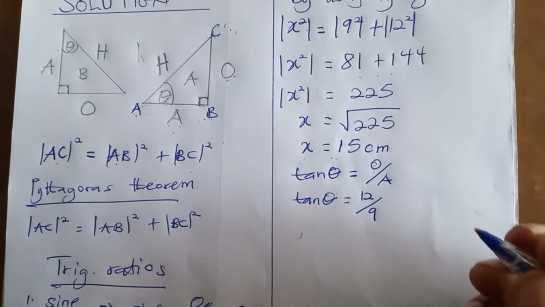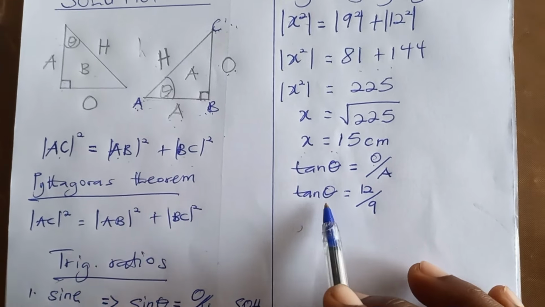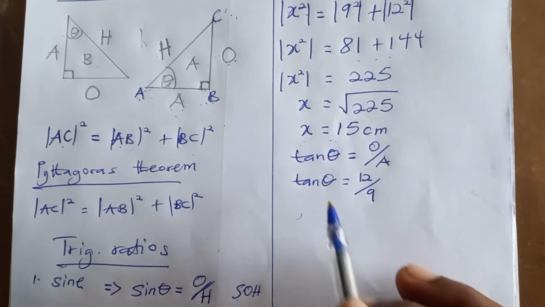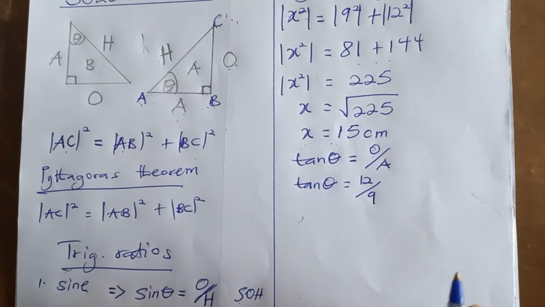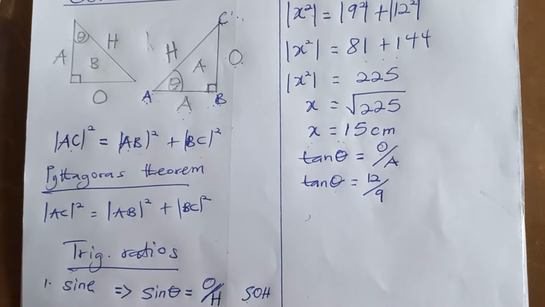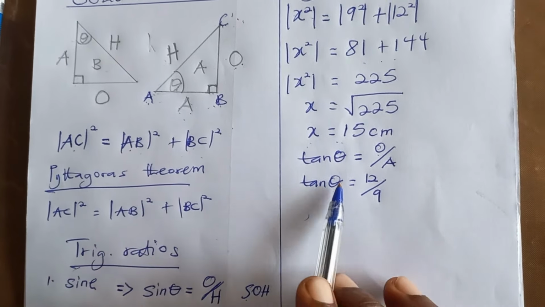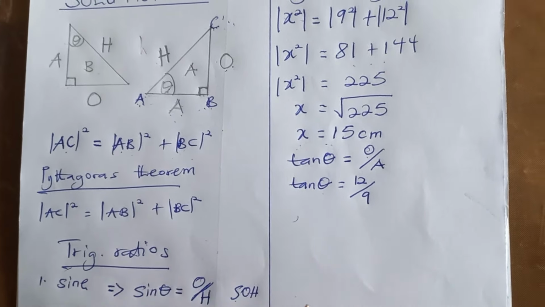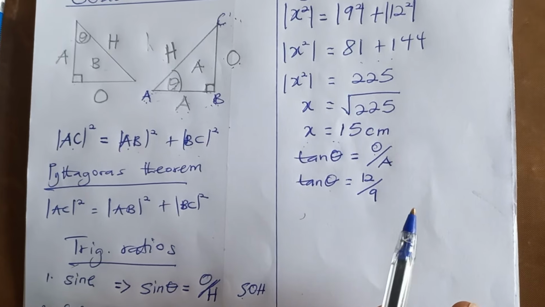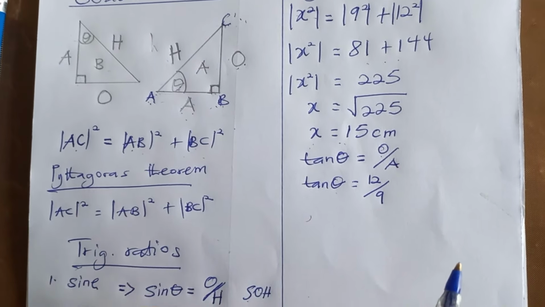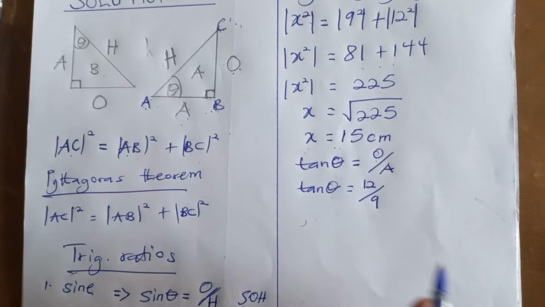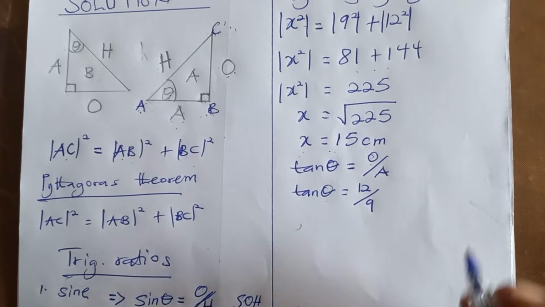Good. So now we have to make theta the subject. But don't forget, in trigonometry, if you want to make theta the subject, we say inverse. So you can get sine inverse, tan inverse.